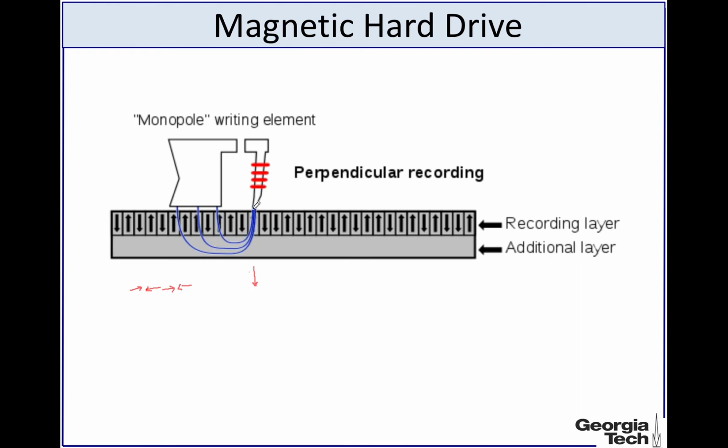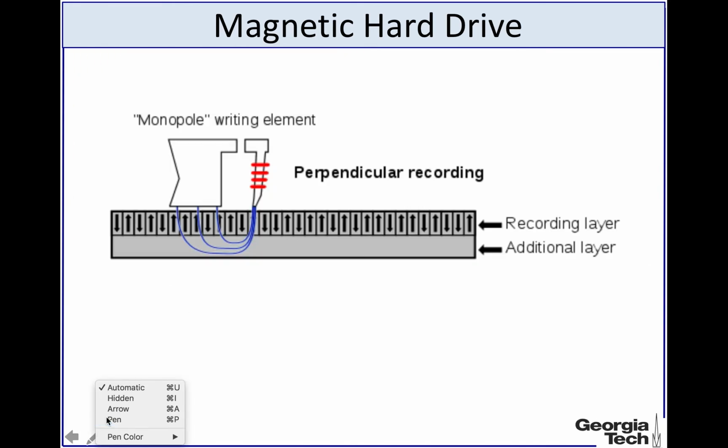And so the current that flows through the coil has to be in the right direction such that the magnetic fields are along this direction. Now the highest concentration is here, so this magnetic field will orient this domain in this direction. All right.